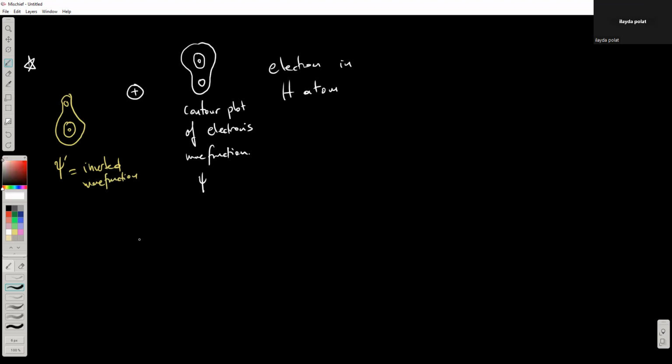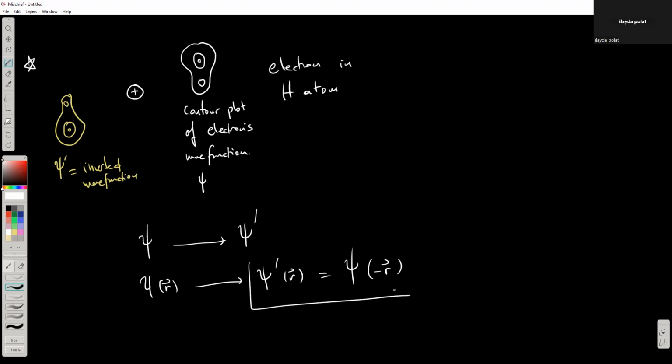So the transformation is therefore from psi to psi prime in such a way that this wave function psi of r in here is the wave function. So the psi prime of r is going to be related to the old wave function by this relationship, right? You can think of it like that.